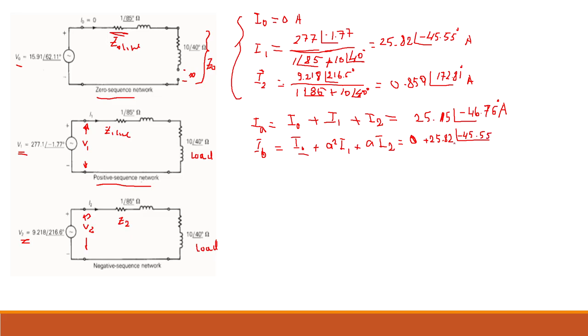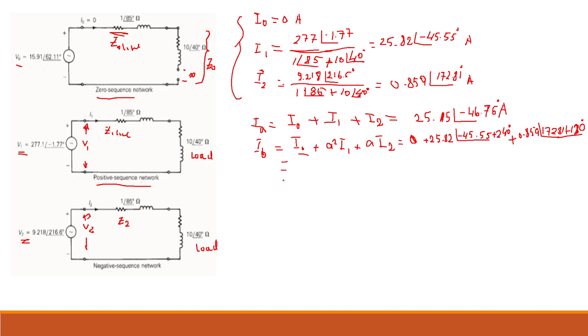This means that the current I1 rotates anti-clockwise by 240 degrees, plus I2 multiplied by A, 0.59 angle, which means it rotates anti-clockwise by 120 degrees.